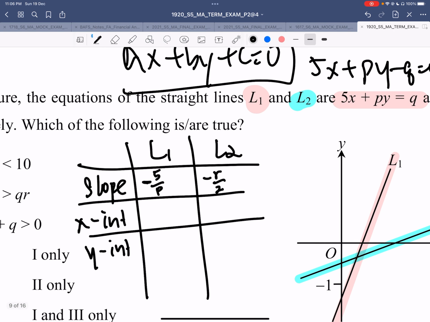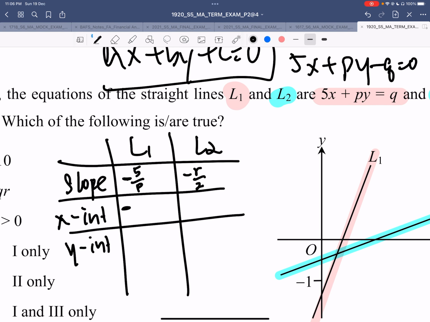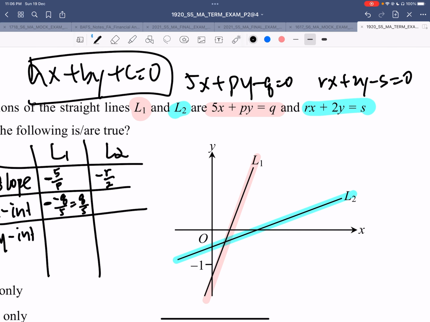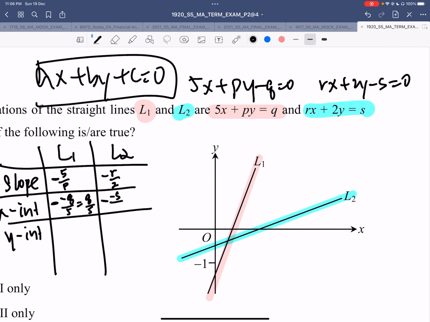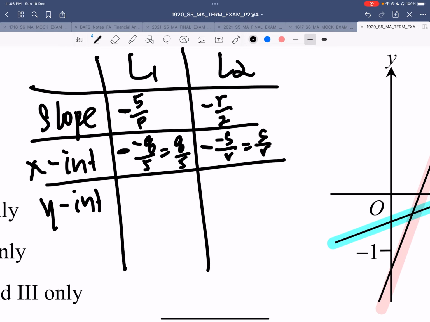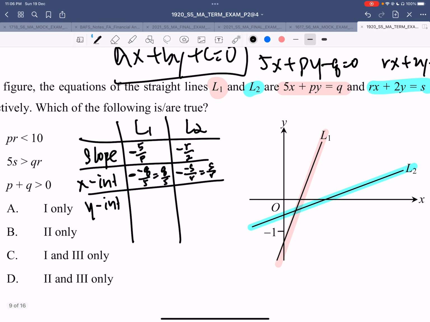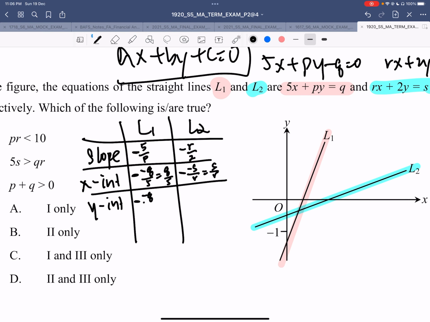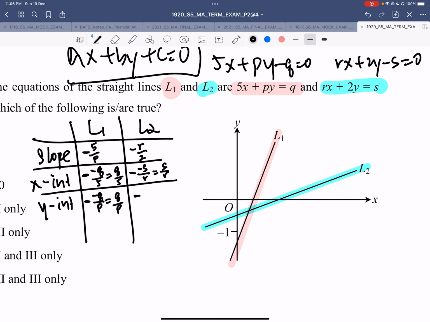So for the x-intercept of L1, negative c over a means q over 5, okay? For L2, negative c over a means s over r, all right? For the y-intercept, negative c over b means q over p. For L2, negative c over b means s over 2.